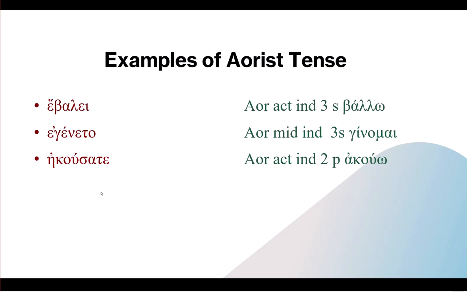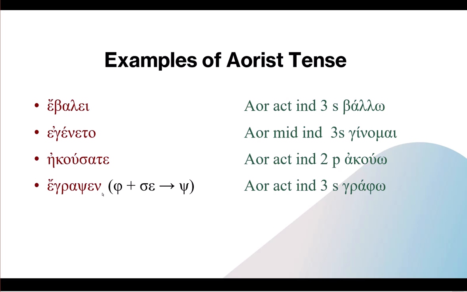Here's another example. We have egrapsen, and here the phi from graphō bumps up against the sigma in the tense formative, and it turns into a psi. We studied that in the chapter on futures when we discussed the square of stops.